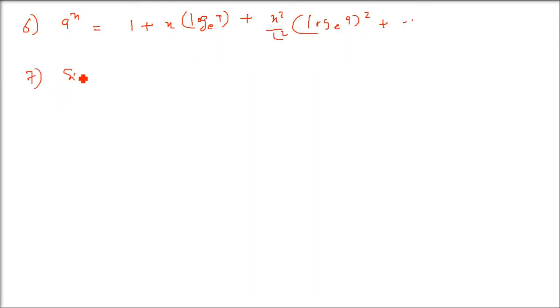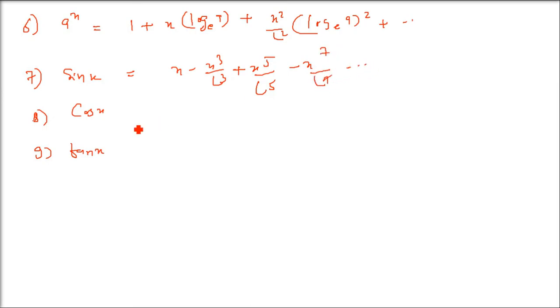Then we have the important ones, sin x, cos x and tan x. They also have expansions, and all these three series are different. They have nothing in common. Sin x is x minus x cube by factorial 3 plus x5 by factorial 5 minus x7 by factorial 7.